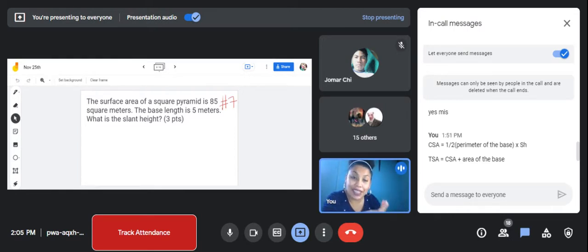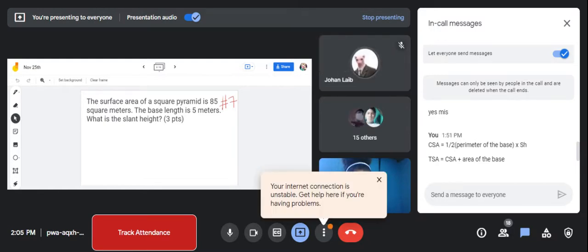What is the slant height? Now, this question is not asking you for surface area. What is it asking you for? The slant height, miss. Very good.